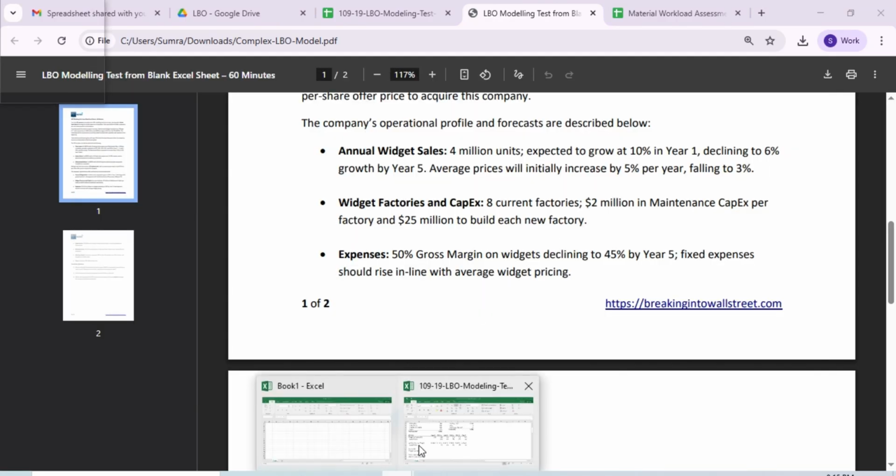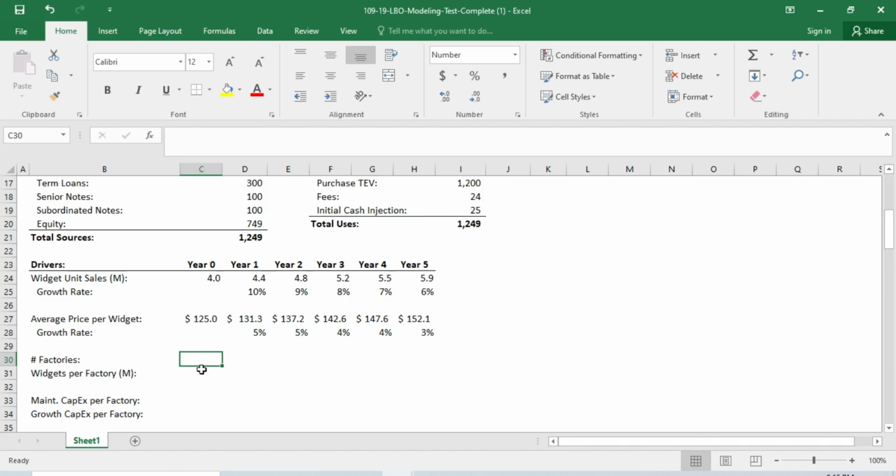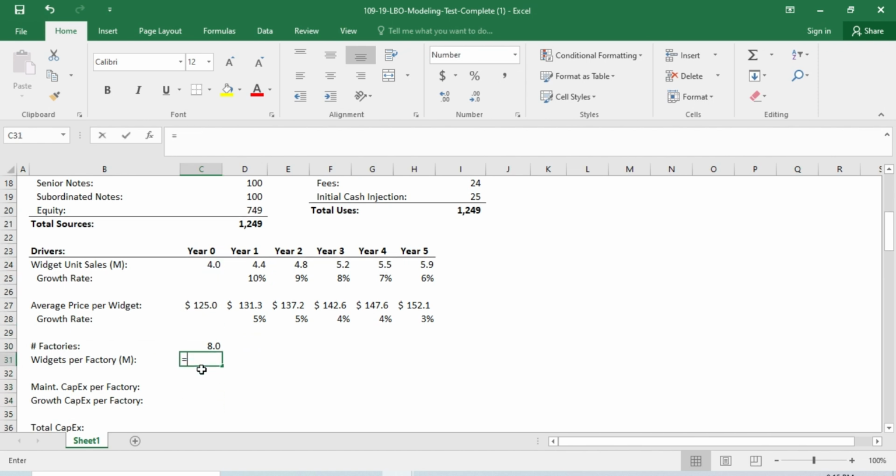So if we are producing 4 million widgets with 8 factories, in each factory how much are we producing? 500,000 widgets. So let's assume this will remain same.